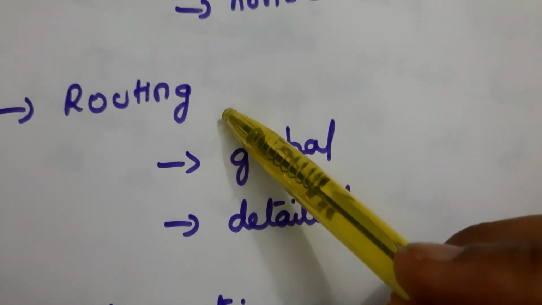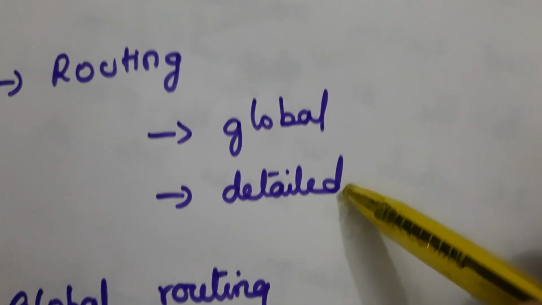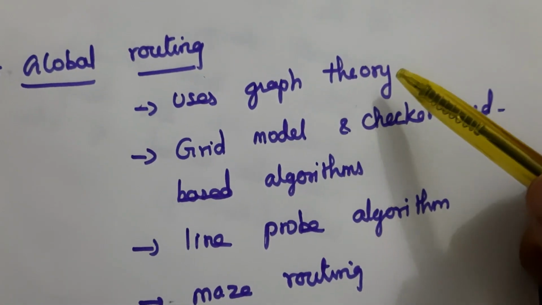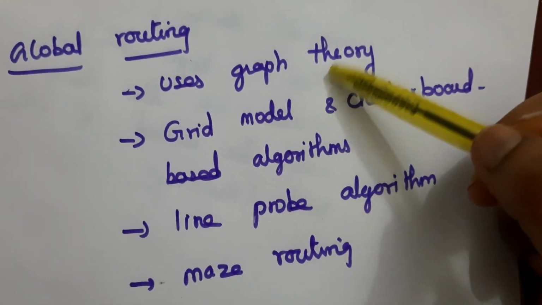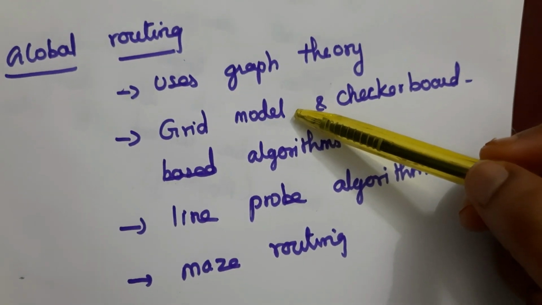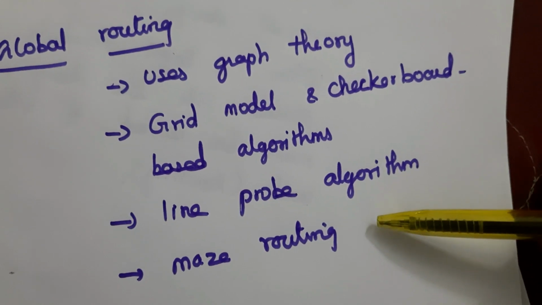Next one is routing, and there are two methods: global routing and detailed routing. First we study global routing. This uses graph theory, and it uses different algorithms. For example, it uses the grid model, checkerboard based algorithms, the line probe algorithm and maze routing.